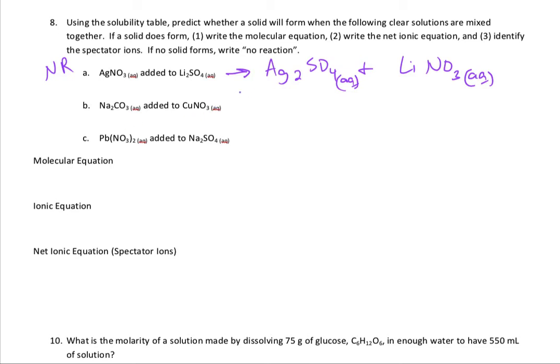Right here, again, if we do the double replacement reaction, on one end we get the sodium nitrate, and then on the other end we get the copper carbonate. And what I want you to realize here is that the copper is actually coming in at a +1 state, and the way I know that is because I know nitrate has a -1 charge.